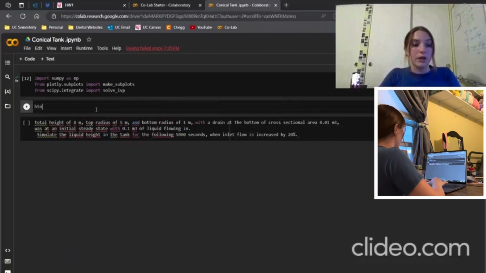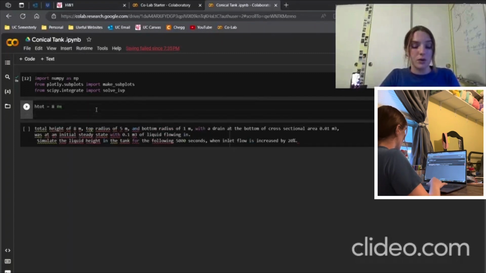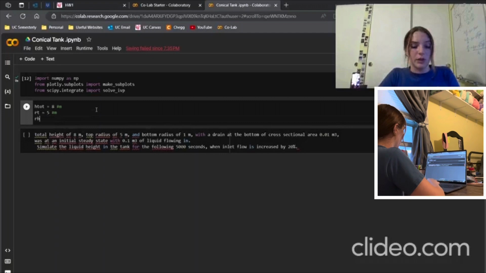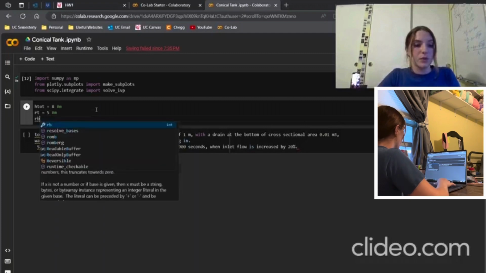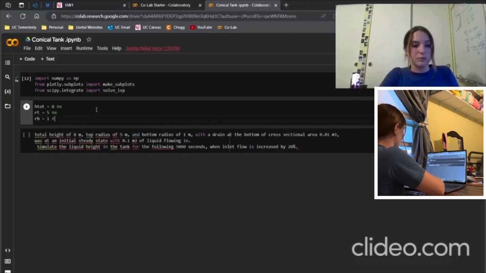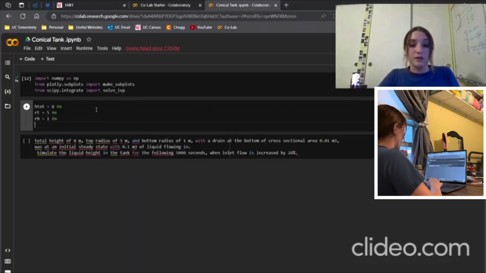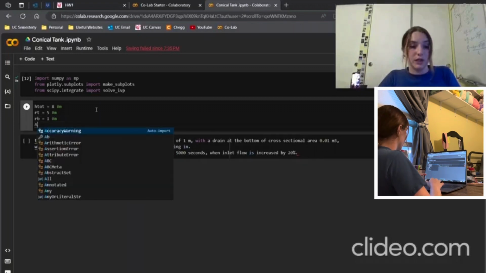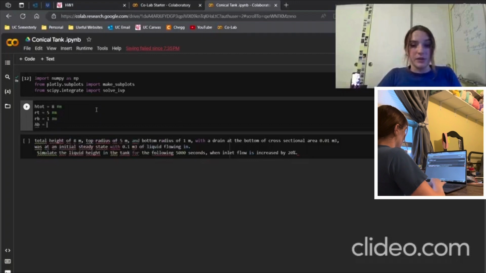So our H total is 8 meters, our radius at the top is 5 meters, our radius at the bottom is 1 meter, and our cross-sectional area at the bottom, we're going to call this A_B, is equal to 0.01 meters squared.